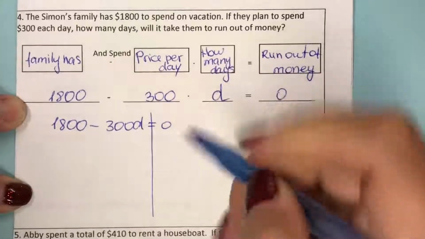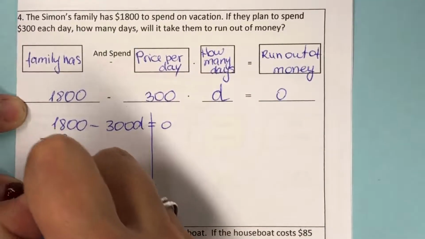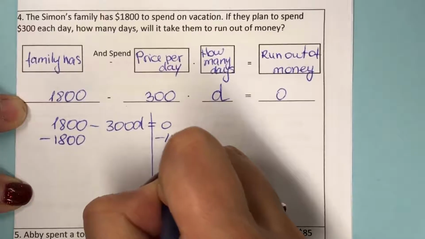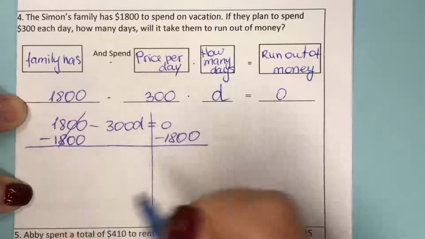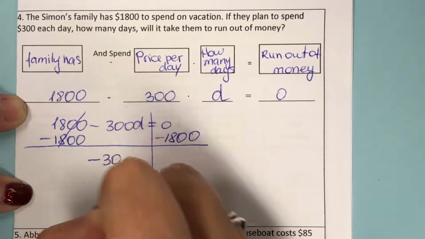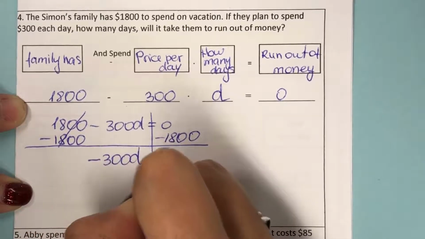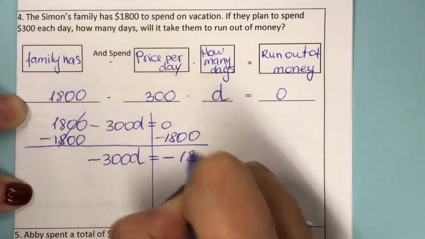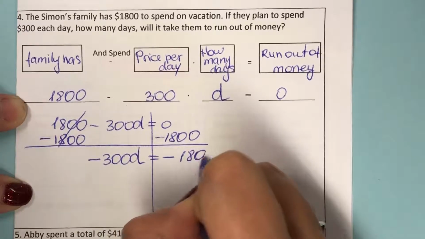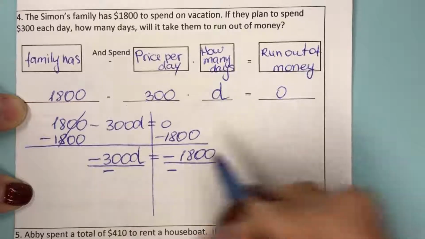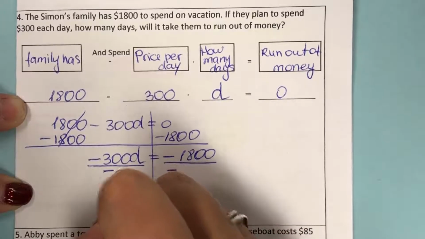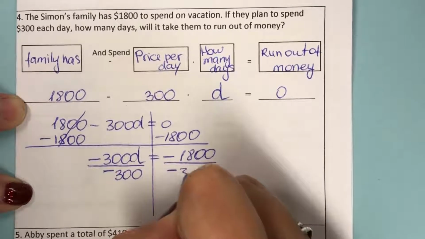That we can solve. So we will subtract 1,800 from 0. Negative 300 times d will be negative 1,800. Dividing by negative will give us the positive number of days. Dividing by negative 300.